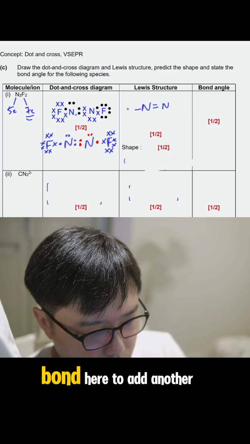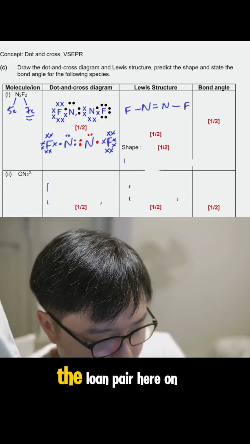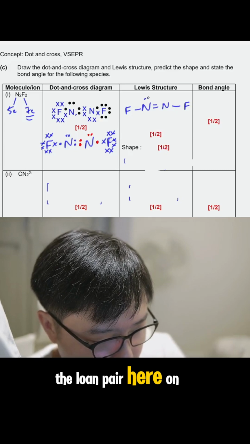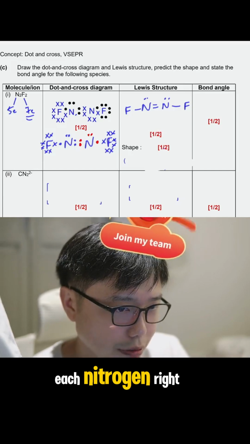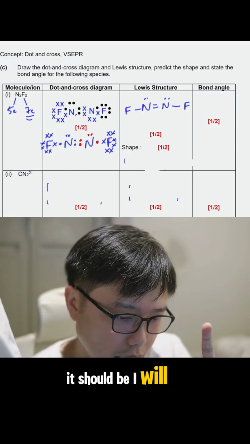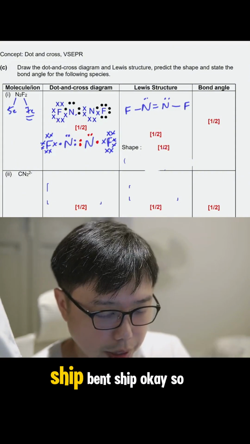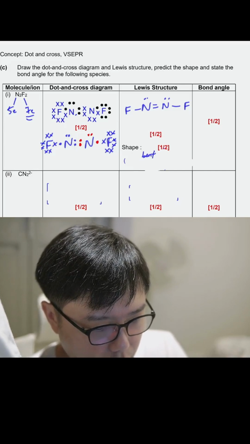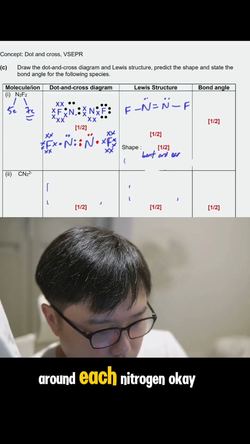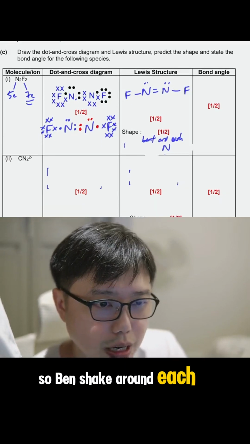You have a single bond here to F, another single bond to F, and remember you still have the lone pair on each nitrogen. The shape around each nitrogen, I would say, is 2 bond pairs and 1 lone pair. It should be a bent shape around each nitrogen.